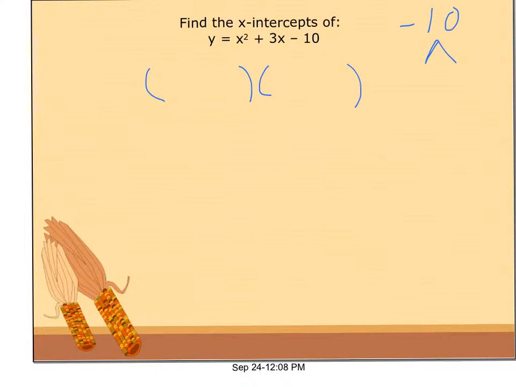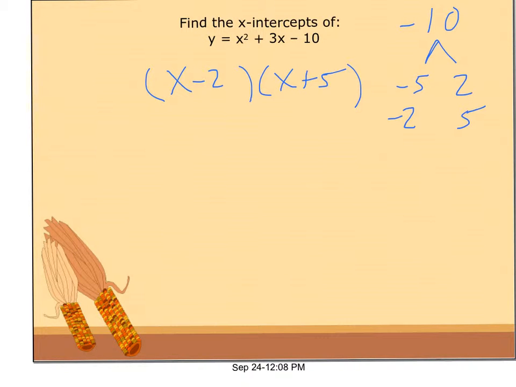What I should notice here, if I'm looking at factors of a negative number, I have to keep in mind that one factor has to be positive and one has to be negative, if I'm going to multiply these 2 numbers and get a negative product, which I do in this case because I'm looking at factors of -10. Now negative 5 and 2, that's not going to add up to positive 3. However, negative 2 and 5 will do the trick.